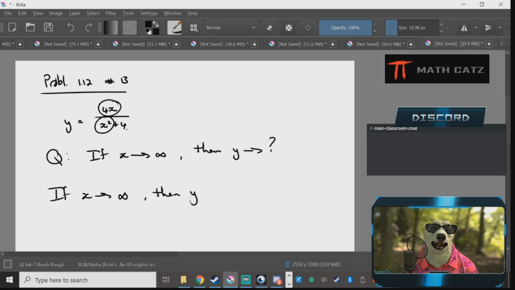Then y behaves like the ratio of leading terms. This is an arrow. This is not an equal sign because it's behavior. My mathematical translation for behaves like is that arrow. Okay. If you say equal in a test, I'm going to have to subtract some marks because it's not the same thing. And it shows you don't understand that we're looking at behavior here.